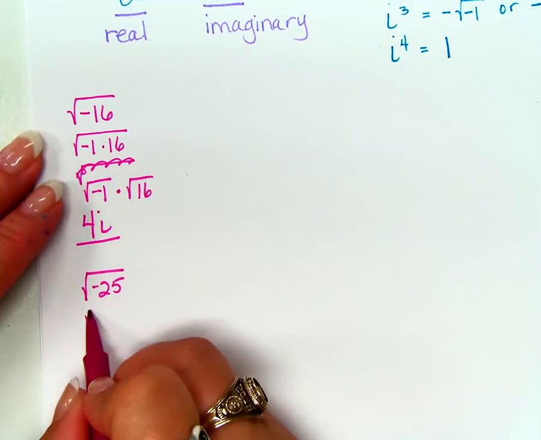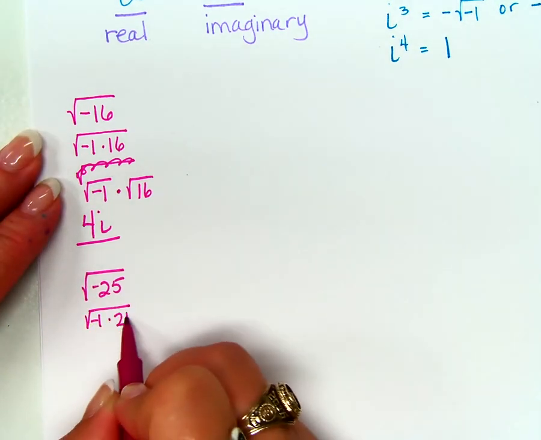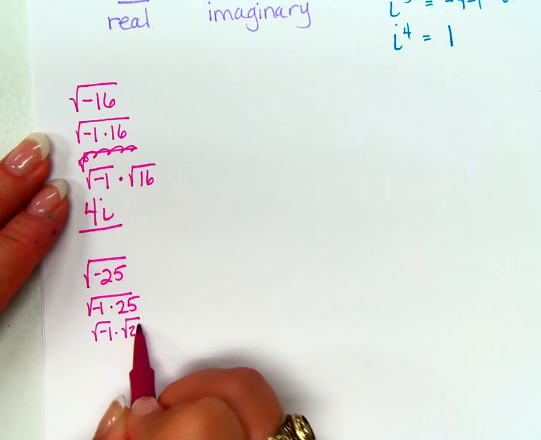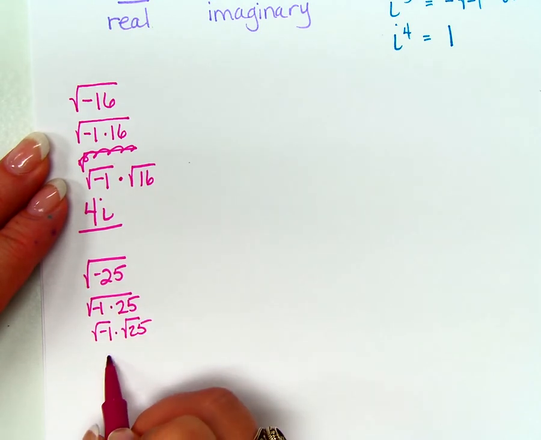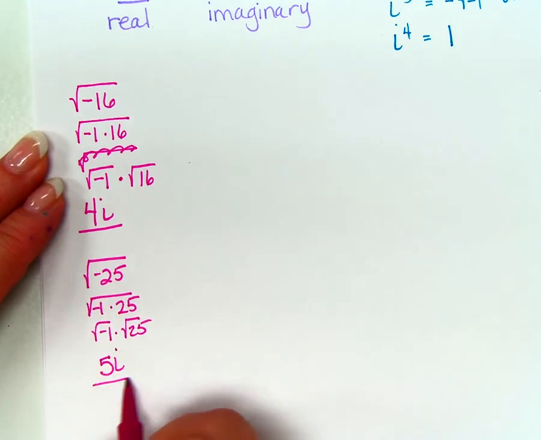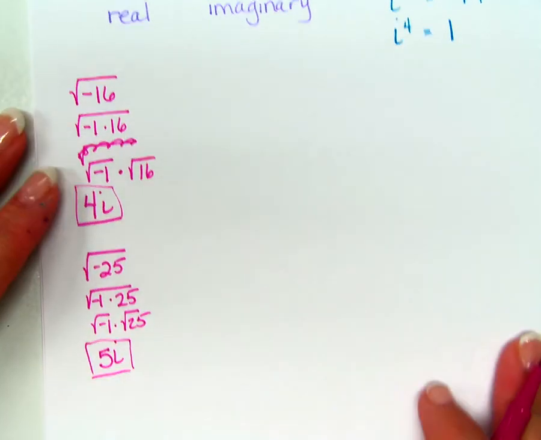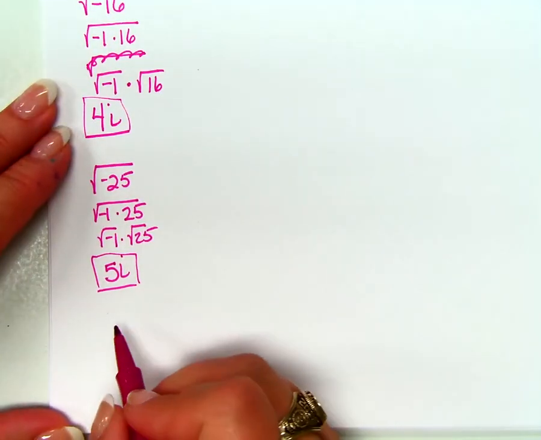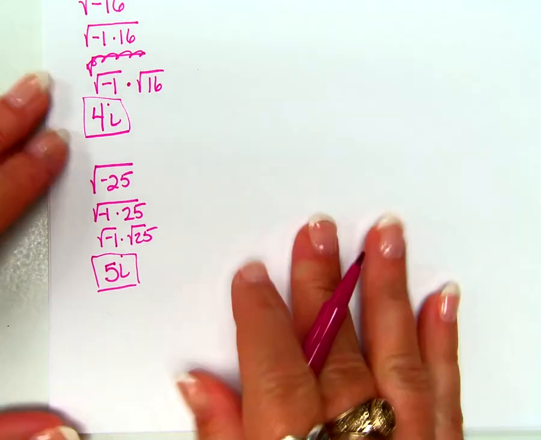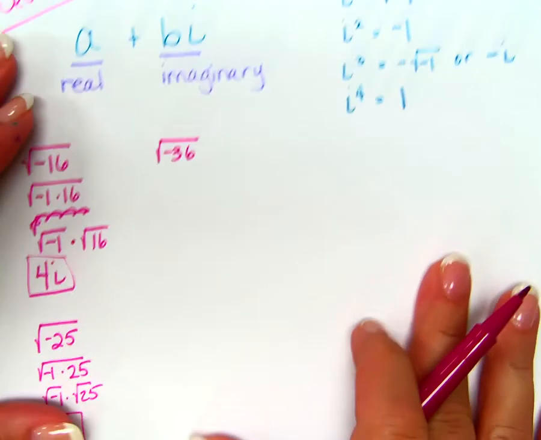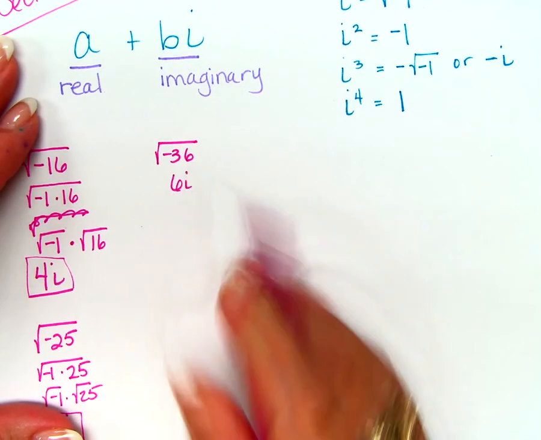If I do it slowly, I can do this, and I can do this, which means my answer is 5i. Now, do I have to do it slowly? No, I can say the square root of negative 36 is what? 6i, because I can do that in my head.